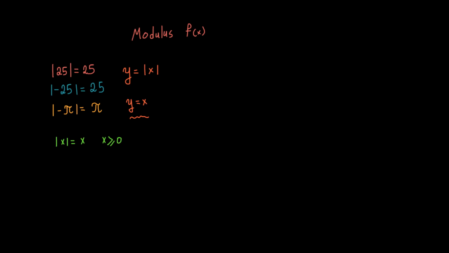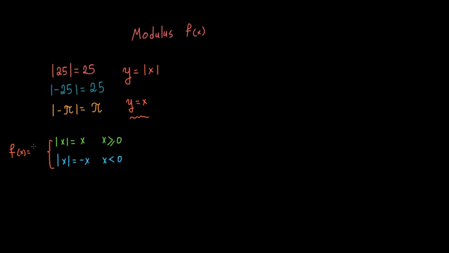However, if x becomes less than 0, the modulus function behaves a little differently. It behaves like the y equals negative x function for values where x is less than 0. And these are the conditions that define the modulus function.